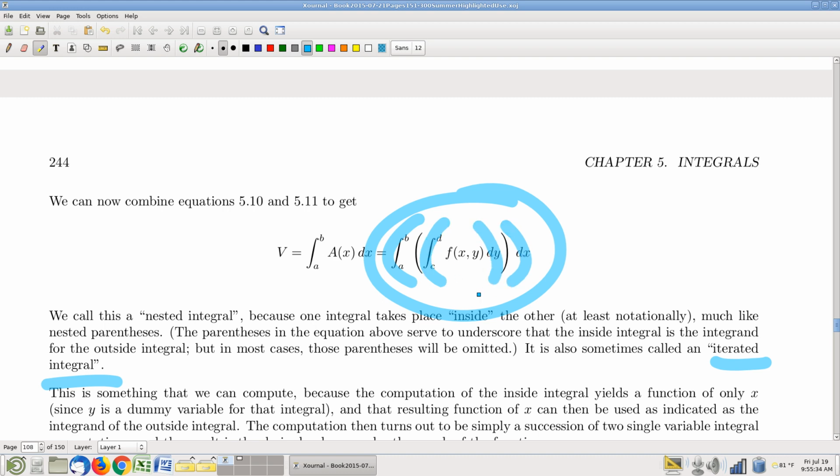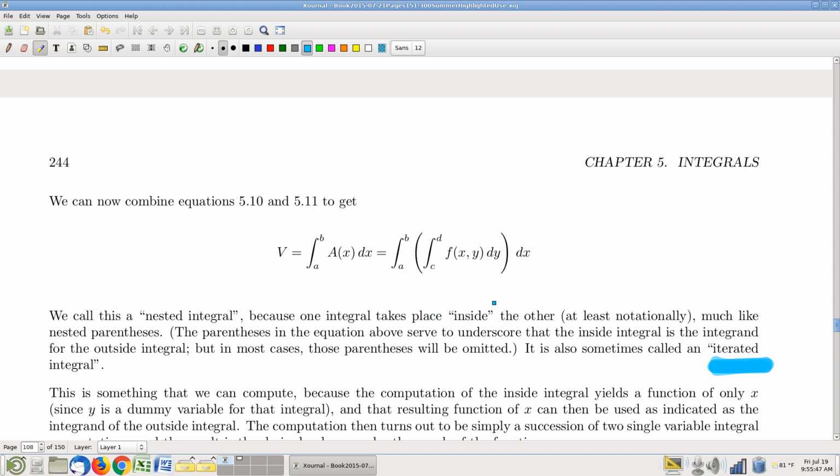To me, I have never really been entirely comfortable with this terminology. To me, the word iteration means that you're repeating the same thing over and over again, which is, in fact, not really what we're doing here. It's an integral of an integral, but importantly, this is an x integral of a y integral. These are not the same things. They're importantly different, both geometrically and computationally in how we're going to treat them.